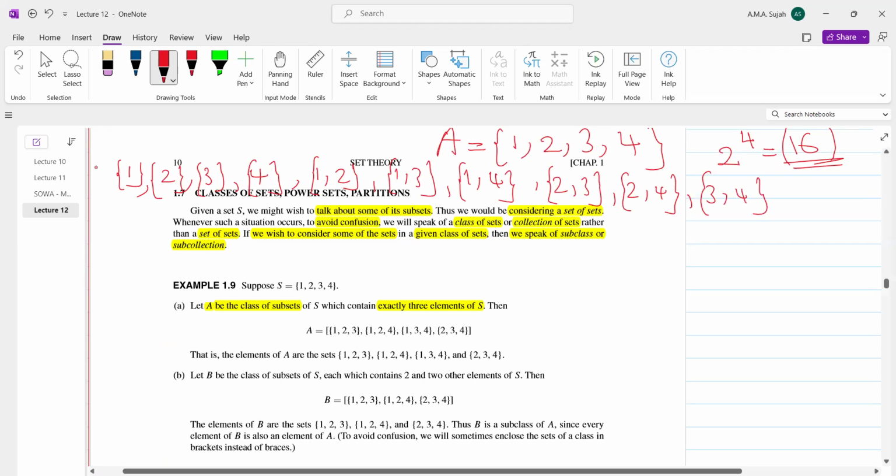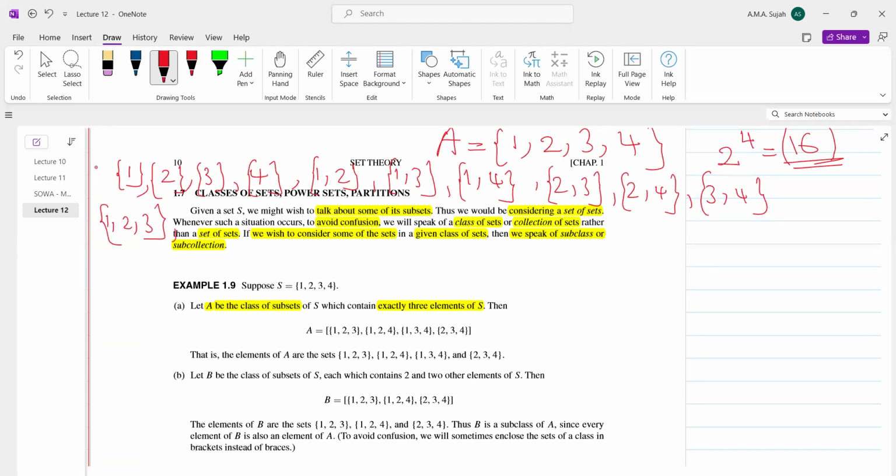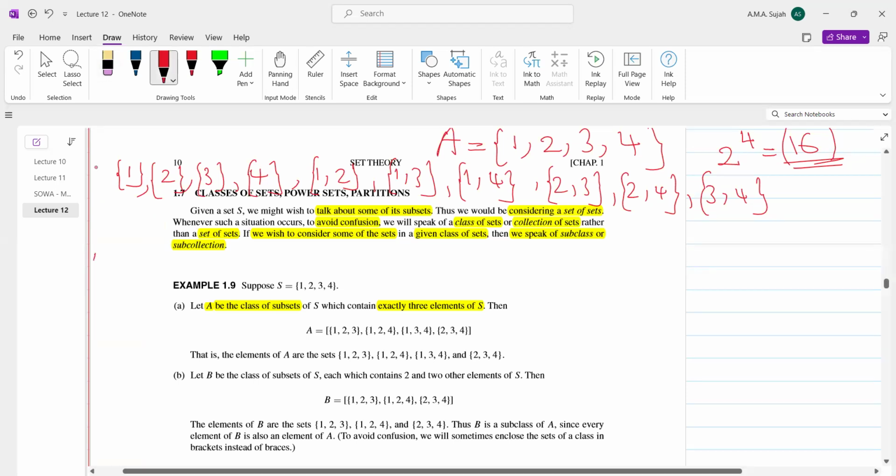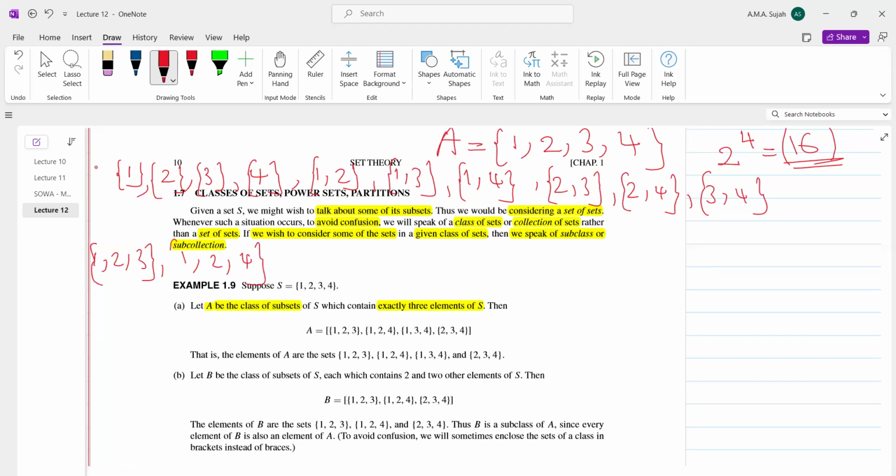Then with 3 elements, what are they? {1, 2, 3} is a subset, {1, 2, 4} is a subset, then {1, 3, 4} is a subset, then {2, 3, 4} is a subset.